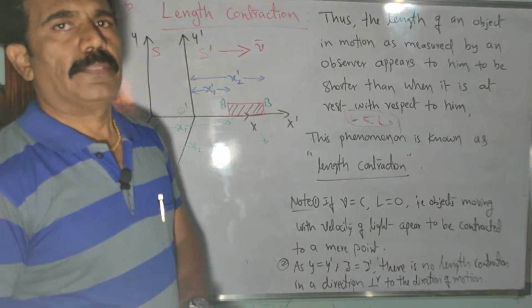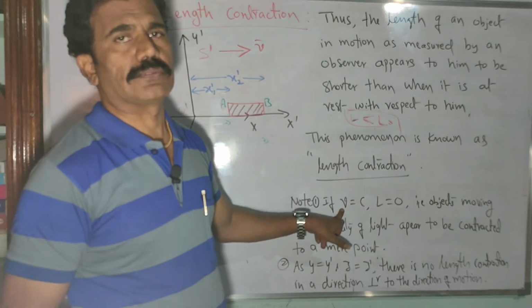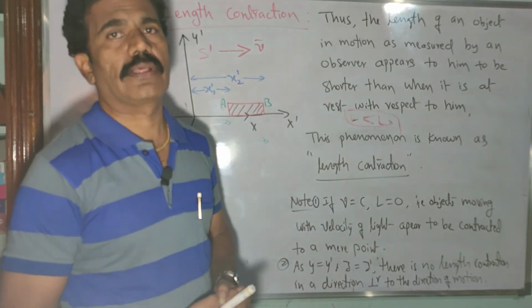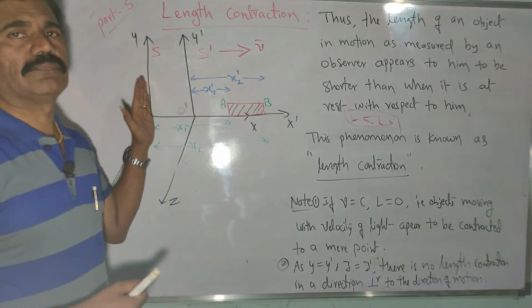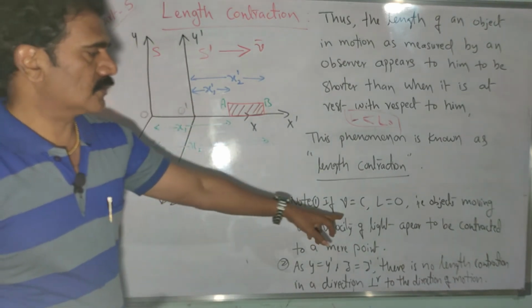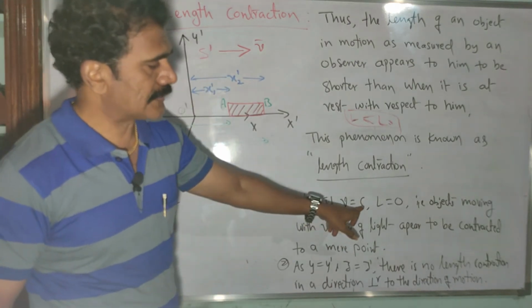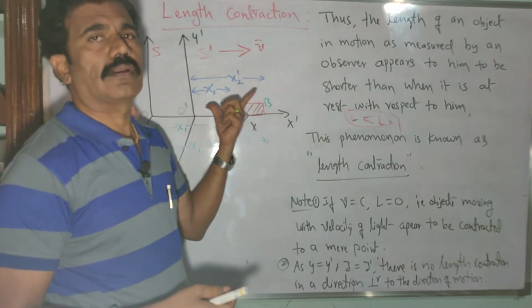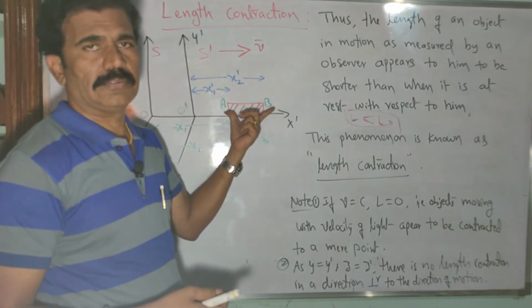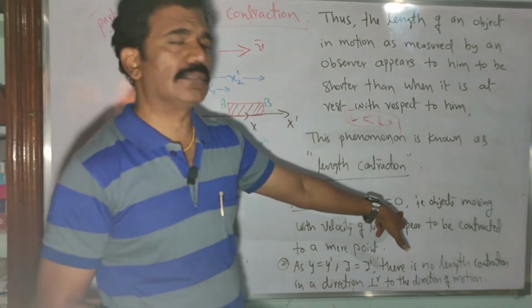Clear? Now you have to note down some points here. Suppose velocity v is equal to c. What happens according to the Lorentz transformations? What happens to the length measured by the fixed observer? That means we are assuming that the object or the frame is moving with the velocity of light c. Then even though the rod has the proper length L0 with respect to S dash, with respect to S that length is found to be 0.